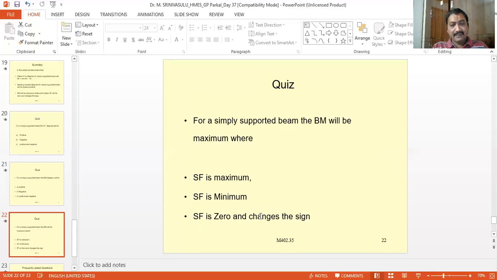The maximum and minimum SF values do not contribute anything to the maximum value of the bending moment. But the bending moment will be maximum where the shear force is 0 or changes sign. So option C is the correct answer.